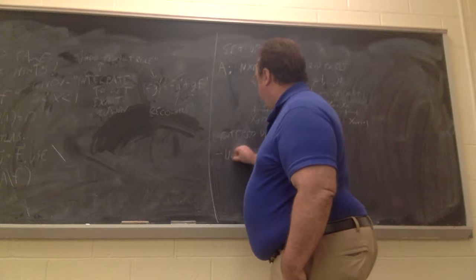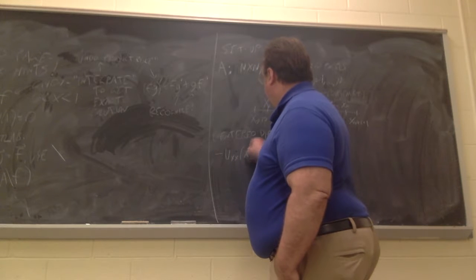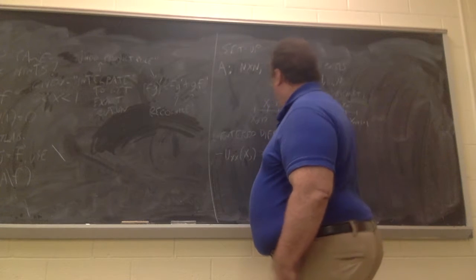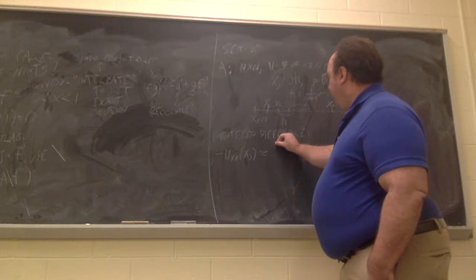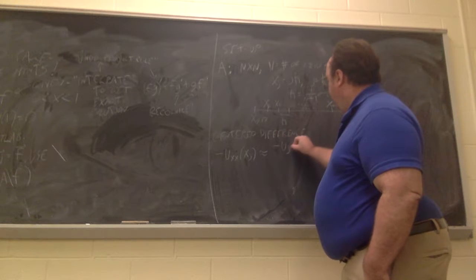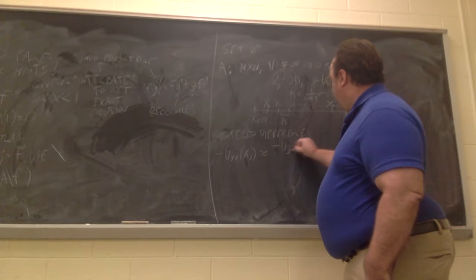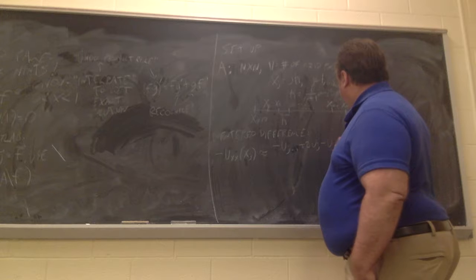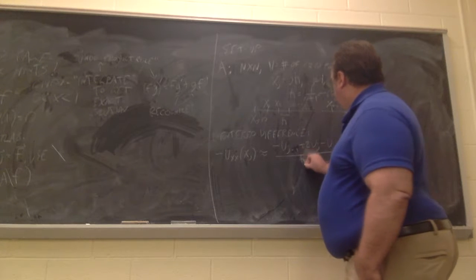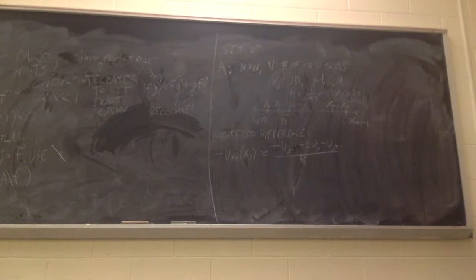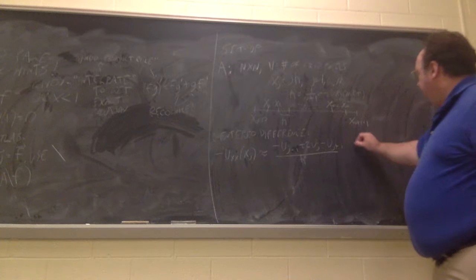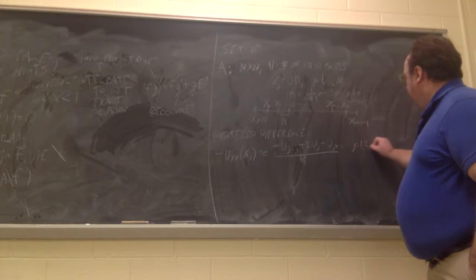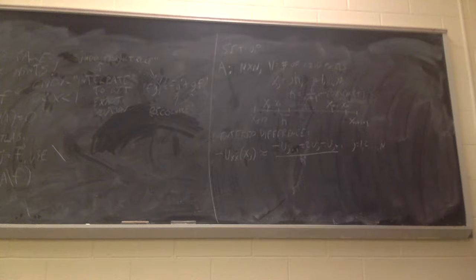So minus uxx at a point xj is approximated by minus u_{j-1} plus 2u_j minus u_{j+1} all over h squared, j going from 1 to n.